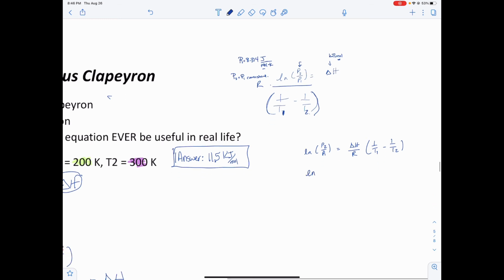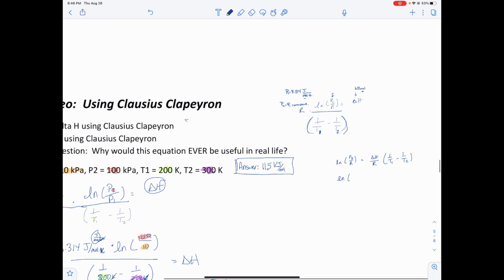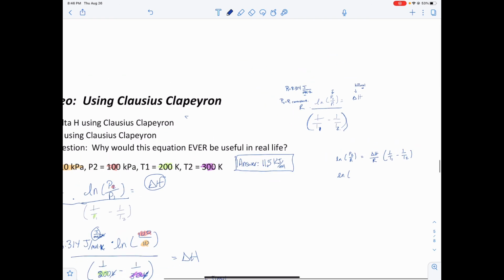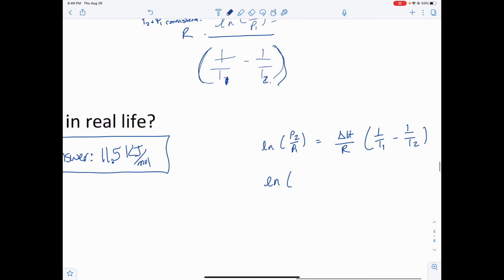The natural log of, and then P2 is going to be what I'm solving for. So I need e raised to both sides. And when I do that, that'll come out, and I'll have P2 over P1 is equal to this whole term right here, e raised to the delta H over R times 1 over T1 minus 1 over T2.